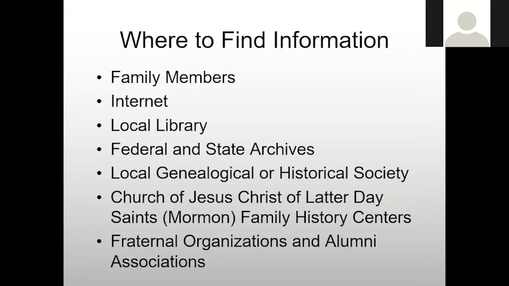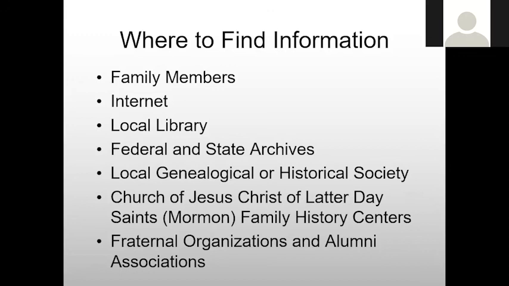So where do we find this information? First thing you want to do is talk to family members. They are a valuable source of the information. They have attended some of the same events you have. They have attended some of the events that you have not been invited to, but they can give you information about aunts, uncles, cousins, grandparents, and some of the shared family members.